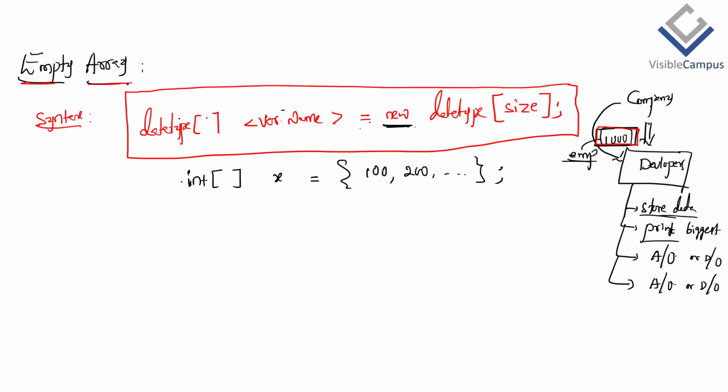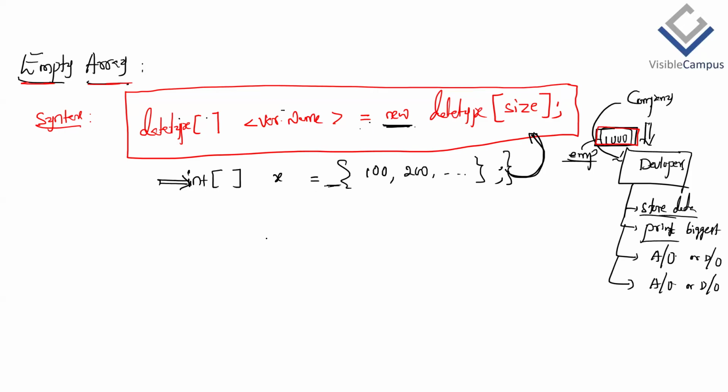Internally this is also considered like the above syntax. We write it like this, but it also has to be stored in heap memory only, because even though we write this syntax, it is considered internally as the above approach. That's why arrays are stored in the heap segment of memory.